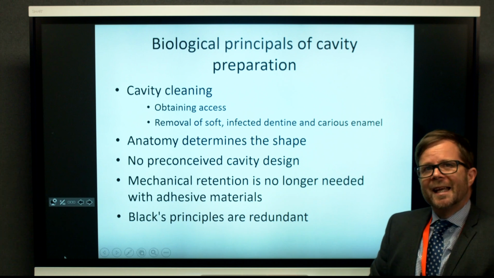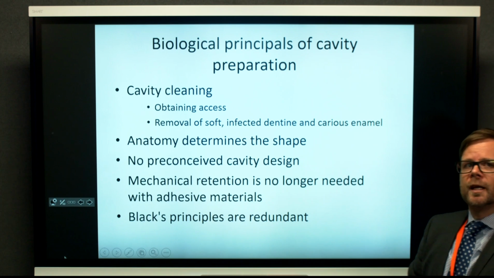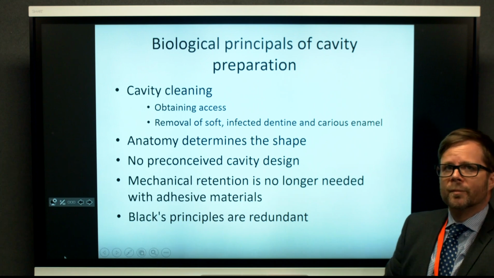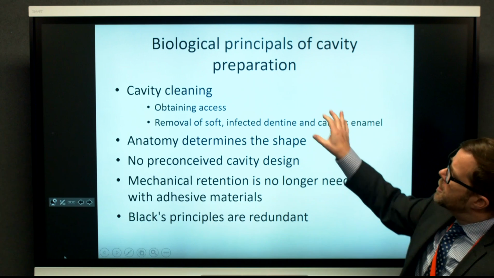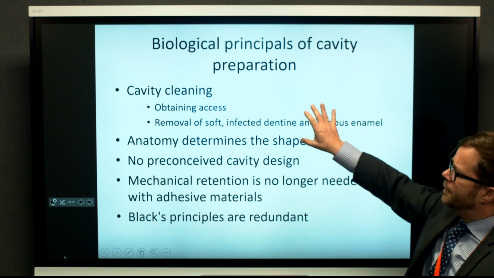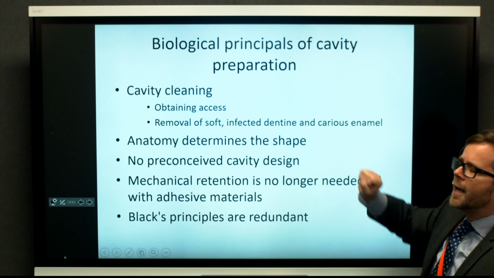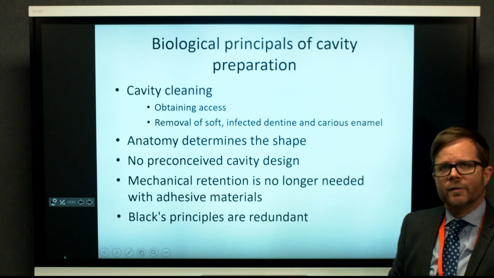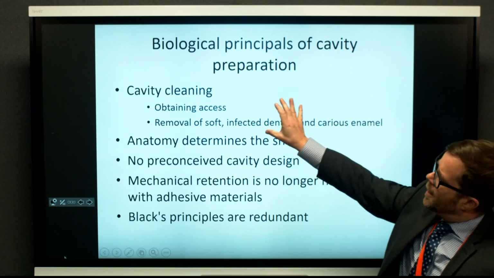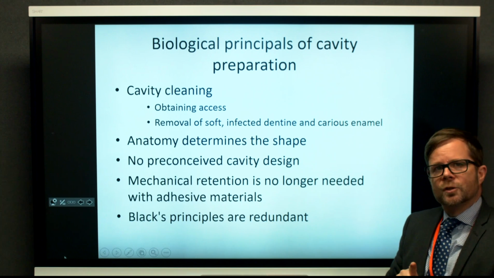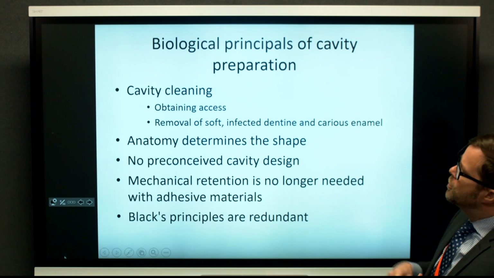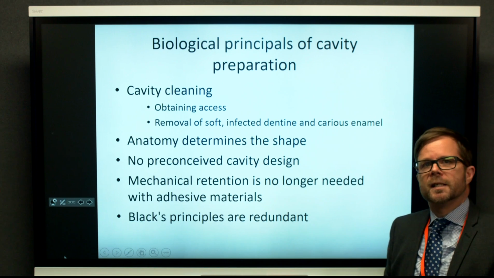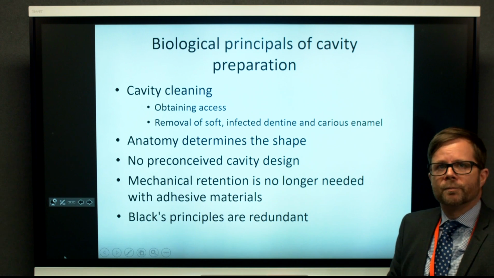We have a better understanding of the biology of caries now, and we've applied that to the principles of cavity preparation. So we now think about cavity cleaning rather than cavity preparation or cavity cutting. The objectives of cavity cleaning are to obtain access to the necrotic dentine and then to remove any of the soft infected dentine and carious enamel.